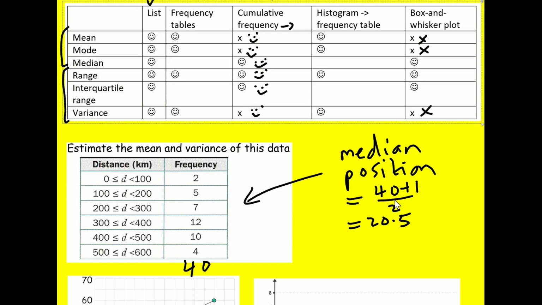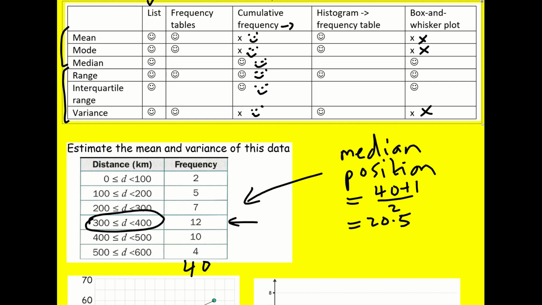And then we can add up and find out which group it's in. So we've got 7, 14, it's going to be in this one. So previously, you should have studied how to work out the group that the median is in. And in this case, it's here.